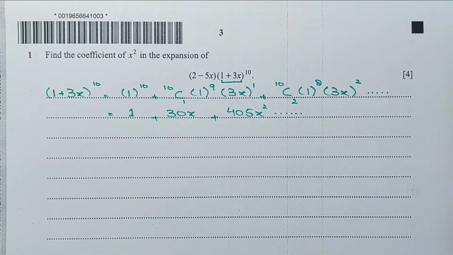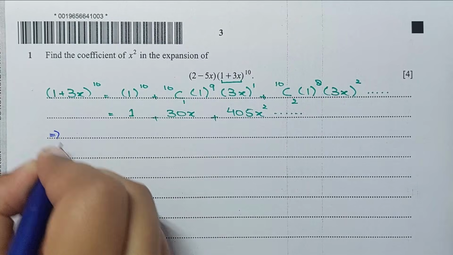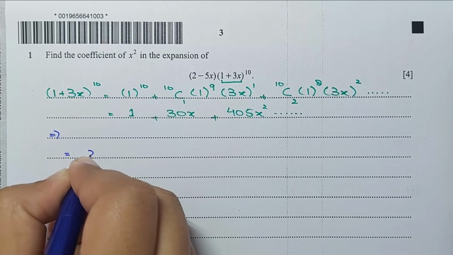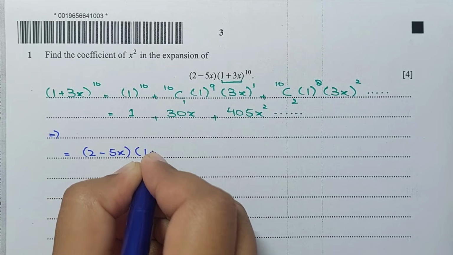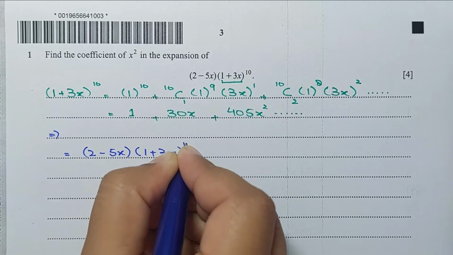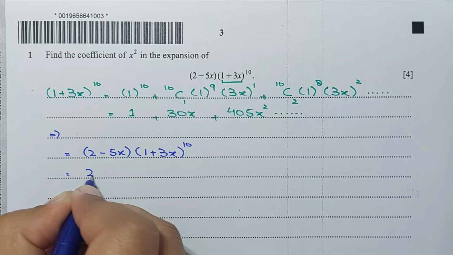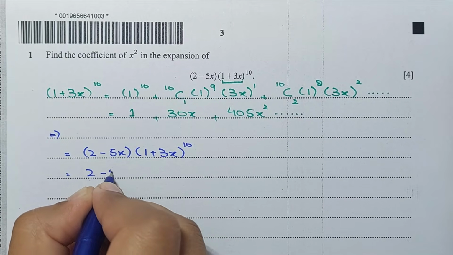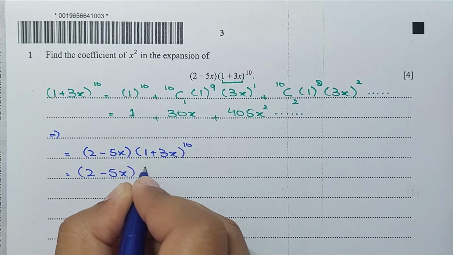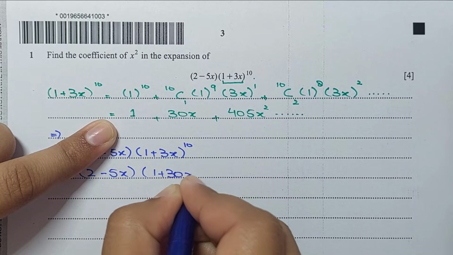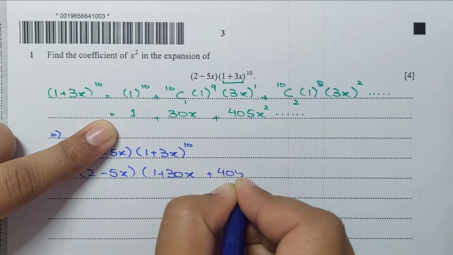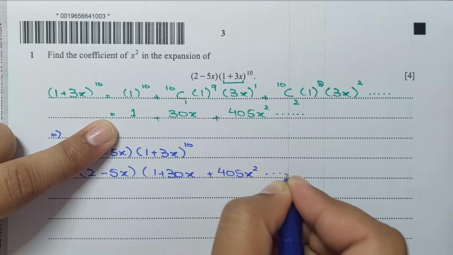Okay, now let me take the product, 2 minus 5x, times 1 plus 3x to the power 10. So 2 minus 5x, and let me write down its expansion, which is 1 plus 30x plus 405x squared and so on.